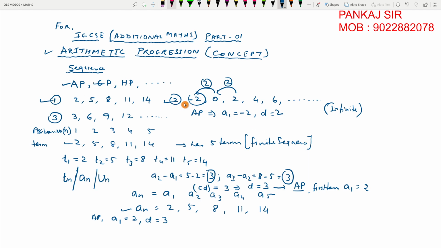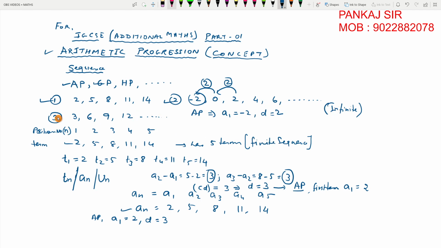So sequence number 1 and sequence number 2 both are AP, arithmetic progressions with the first term and the common difference identified. The only difference in these two sequences is that the first one is a finite sequence. It consists of only 5 terms, 1, 2, 3, 4, and 5. And the second one is an infinite sequence, because this goes on.